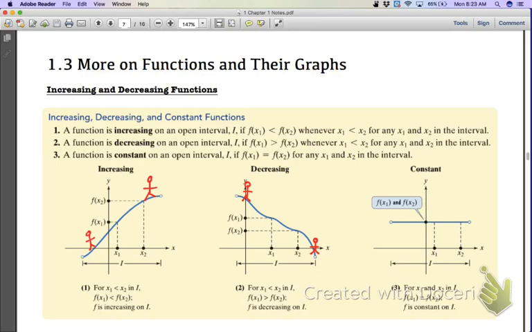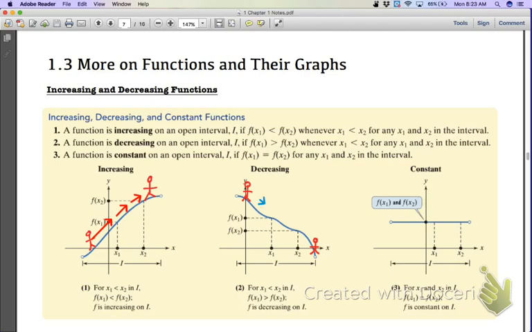So whenever it's increasing, we're walking up the line or up the slope of some sort, and you can have a lot of different graphs that are going to be increasing and then it'll decrease and things of that nature.